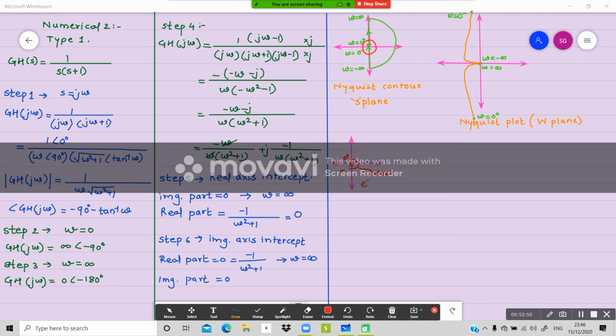Radius is considered as epsilon, which is tending to 0. What about the angle of this detour? The angle is very well understood. From this point you are starting and going over here, so it is from minus 90 to plus 90. It is going to vary. So how are you moving? Epsilon at an angle of theta is your detour.